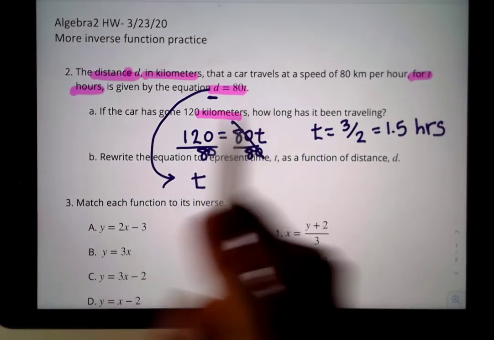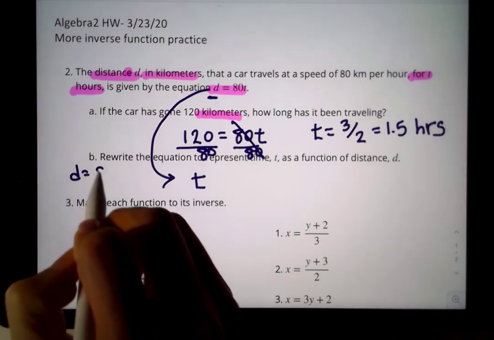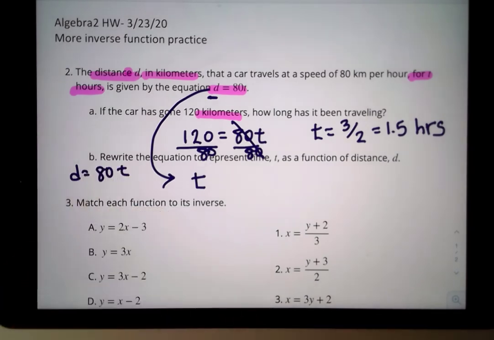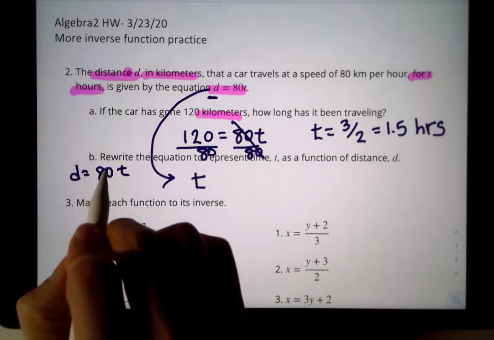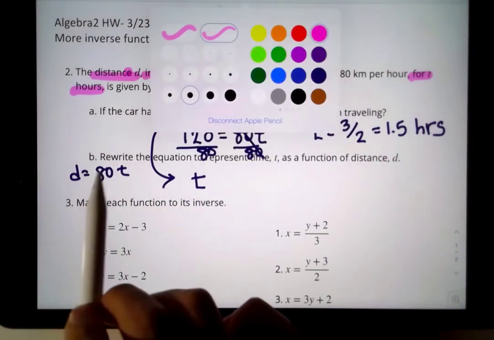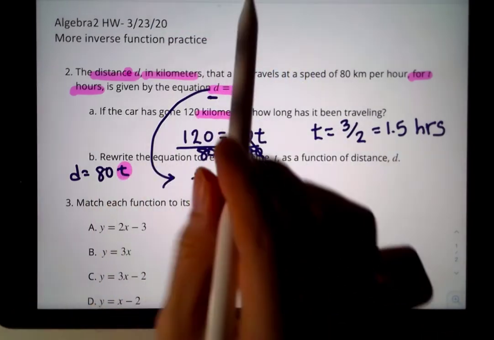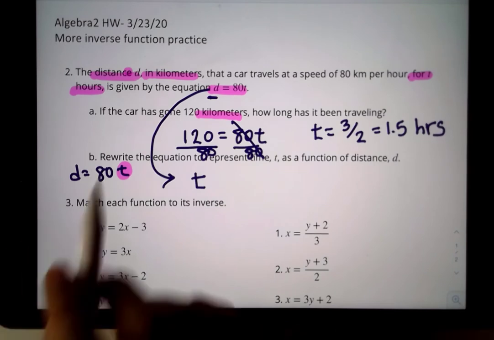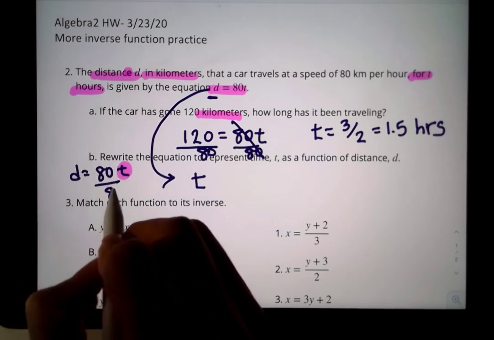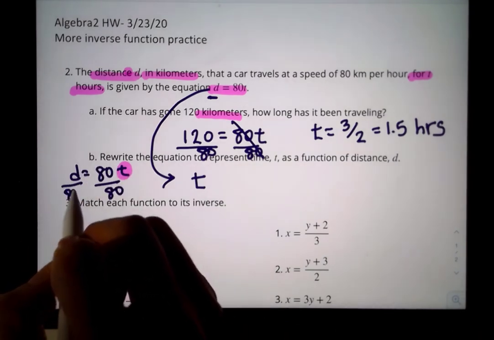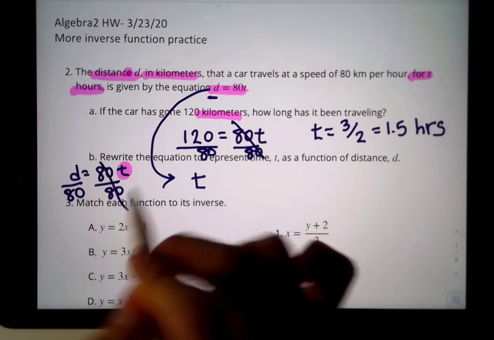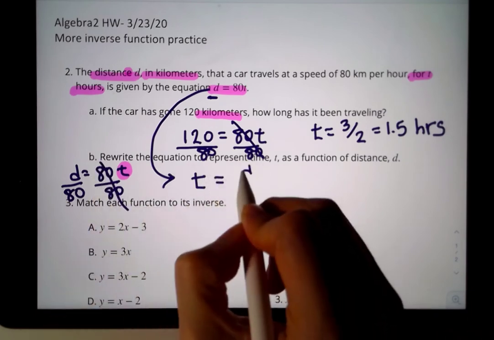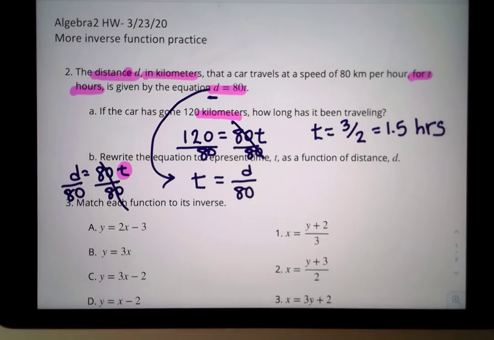Then, think about it. D equals 80T. I want to isolate T, so you need to get rid of 80. So let's divide it by 80. Divide it by 80. Right? Then you get T equals D over 80. So that's the answer for number 2.